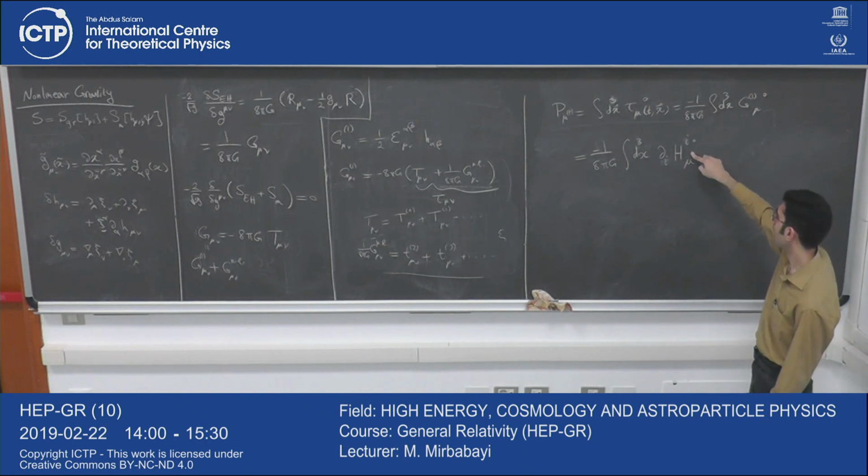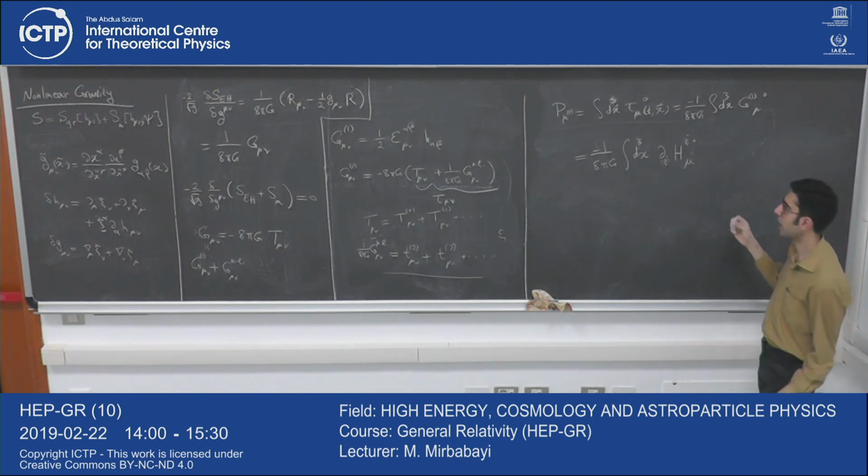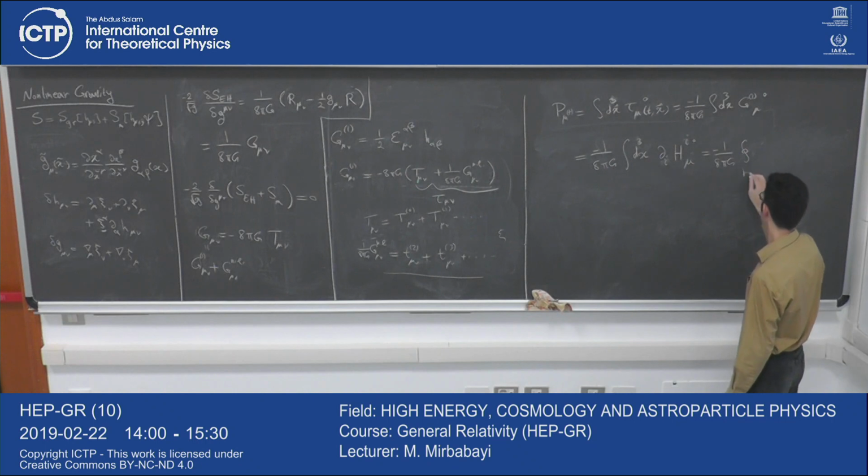But now what do we have? We have some expression which is a total divergence, so it reduces to a boundary term. So we get minus 1 over 8 pi g integral over the boundary.